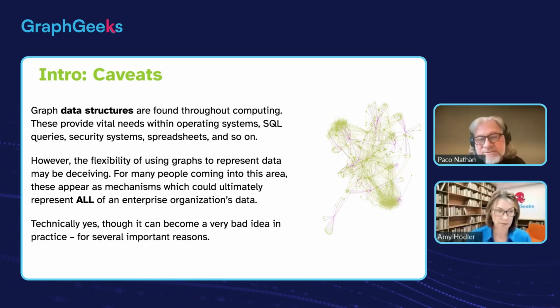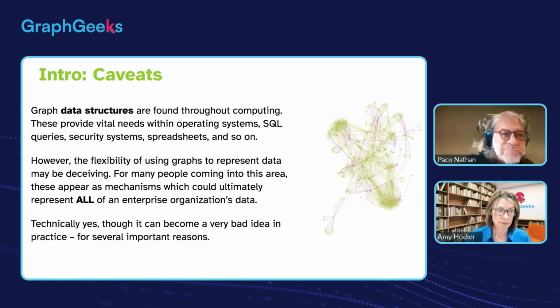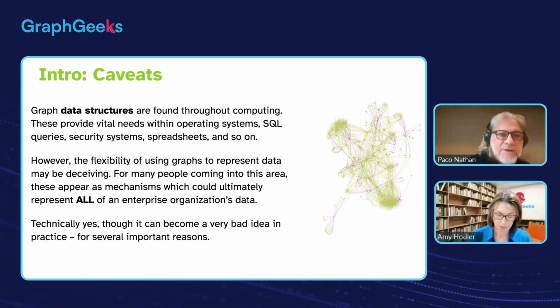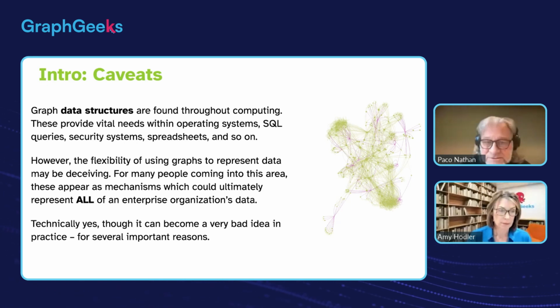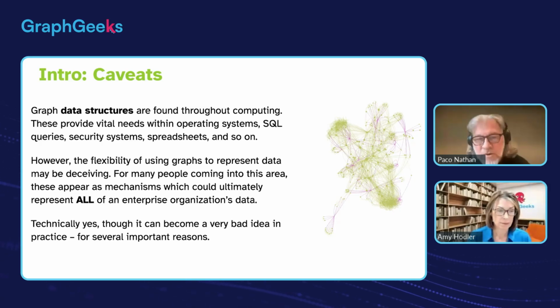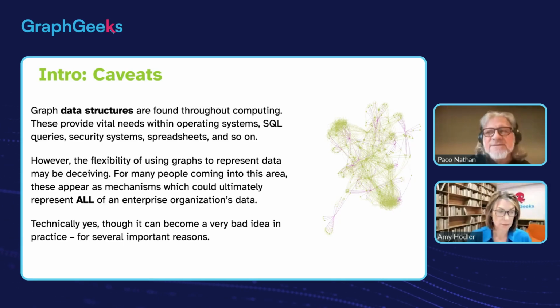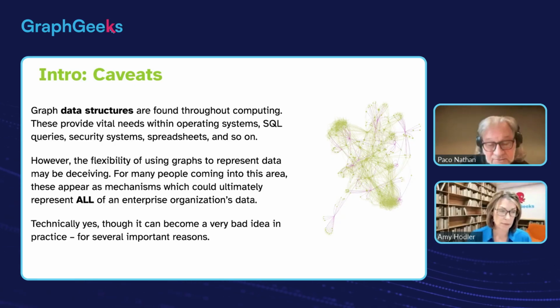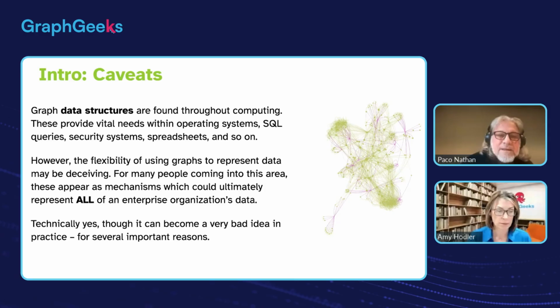You look at security systems, definitely there are multiple graphs being considered in terms of entitlements, threat graph, network graph and all that. You look at how spreadsheets work. Spreadsheets are graphs, period. They have a user interface, which is table format, but everything going on in the calculation of spreadsheets is based on graphs, and so on.